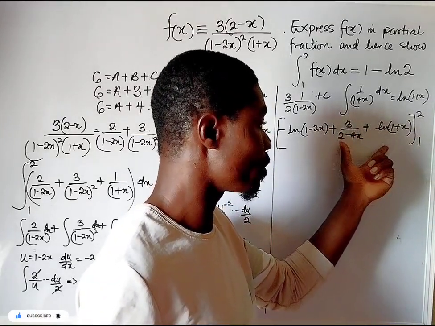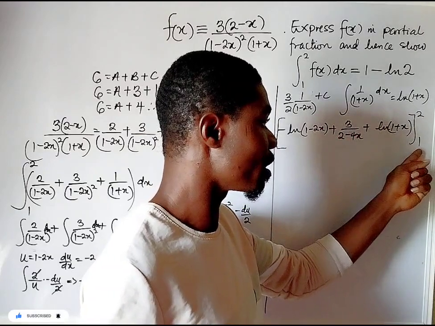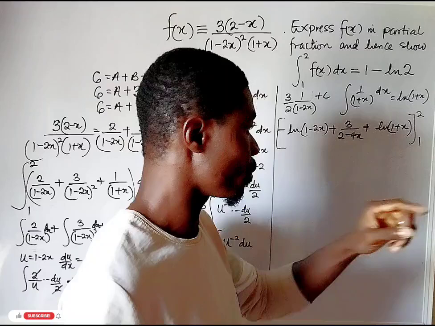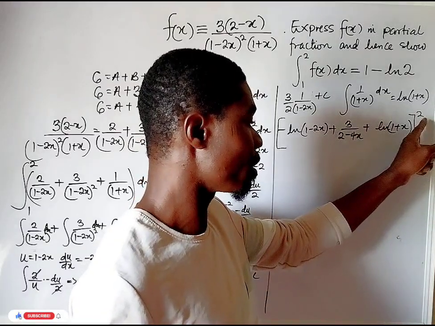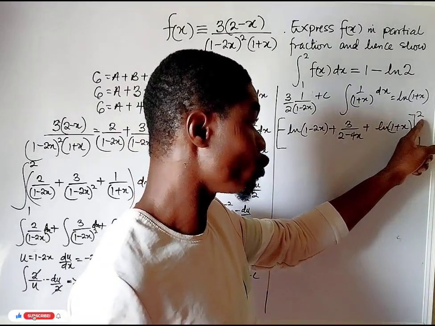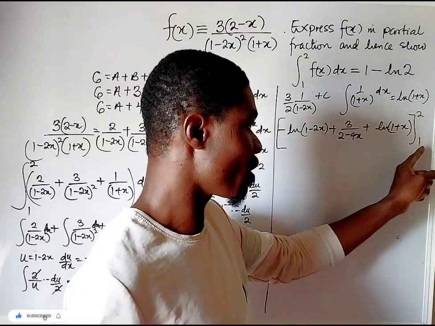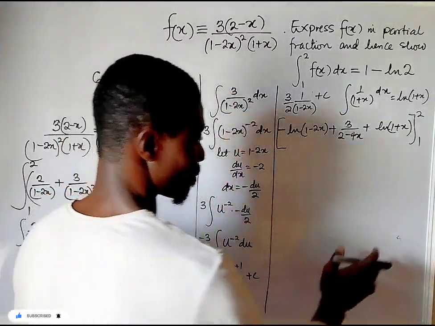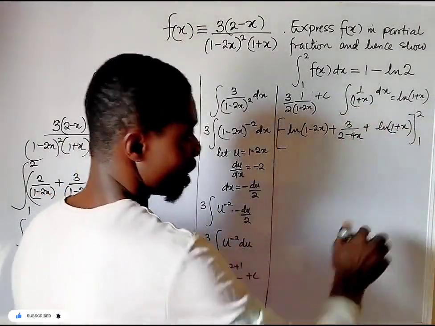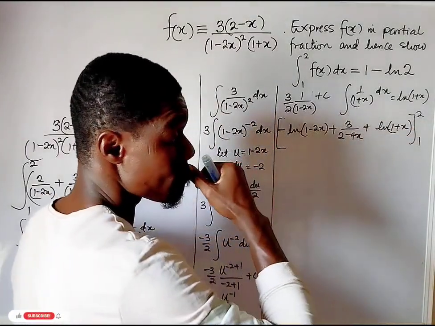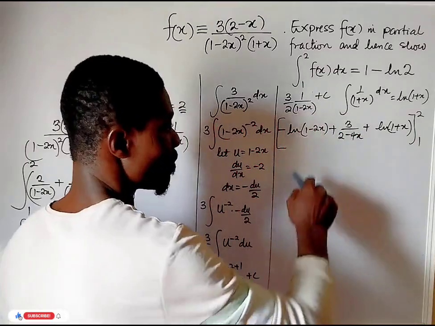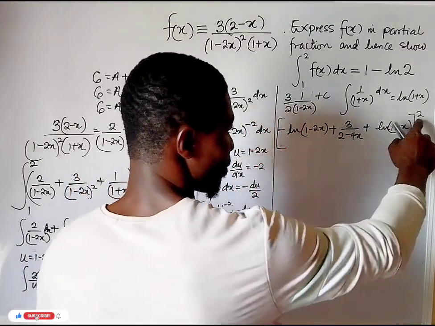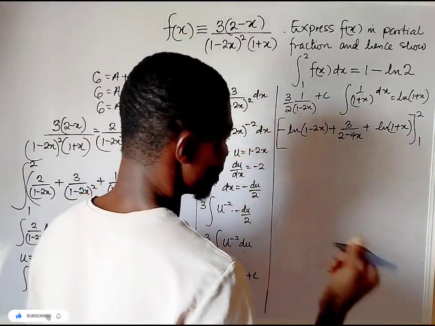So the value you get plugging in 2, minus the value you get plugging in 1 for x. So let us solve the one for 2. Wherever you see x, plug in 2, and let's evaluate.